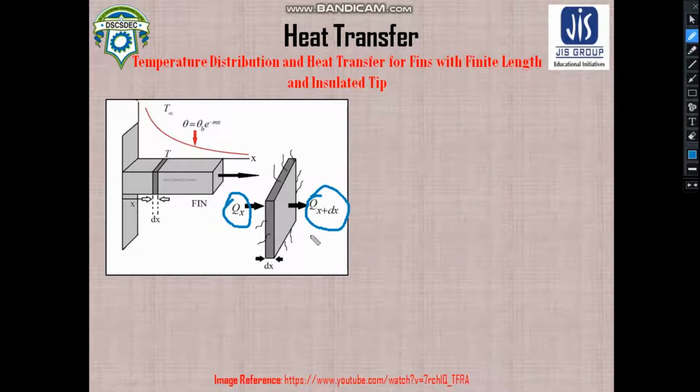So this is the only surface from which conduction is taking place, but for this surface and the opposite surface to this one, heat transfer is taking place via the mode of convection. So here this is convection, this is convection.